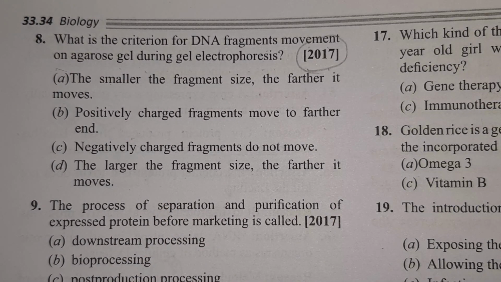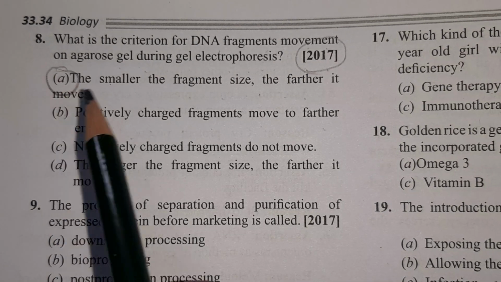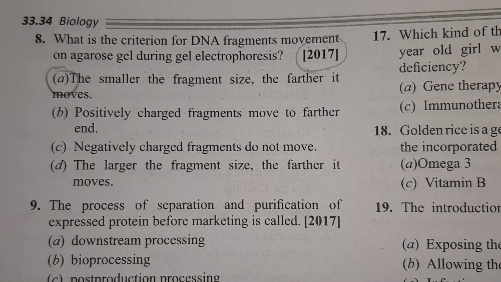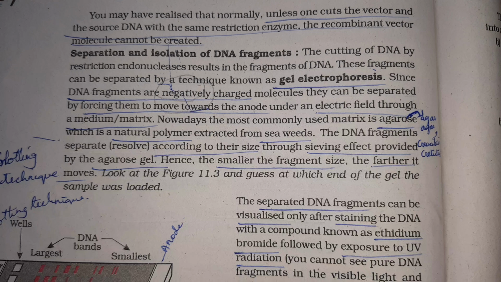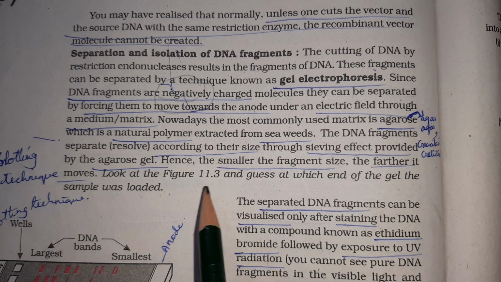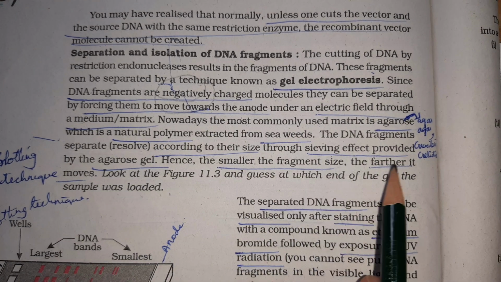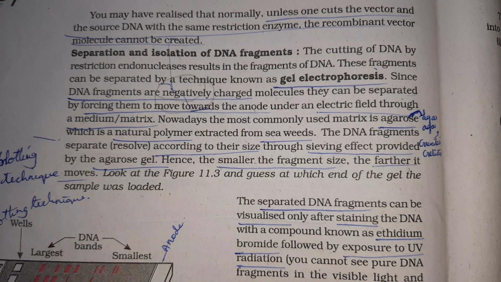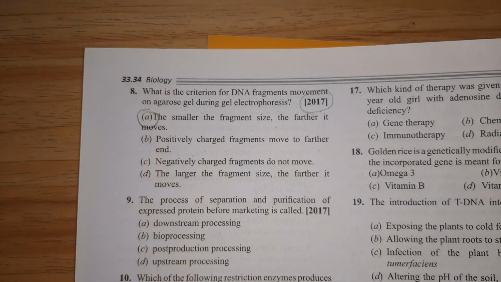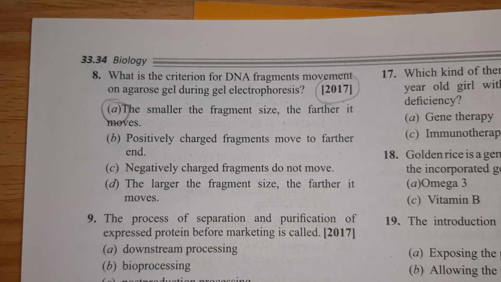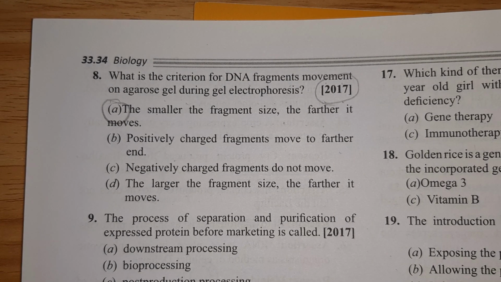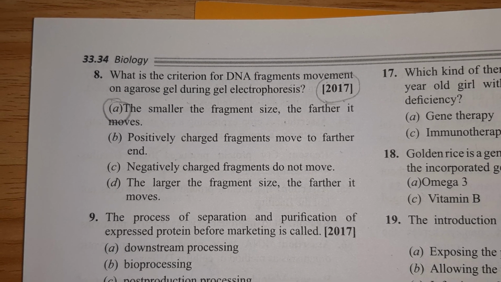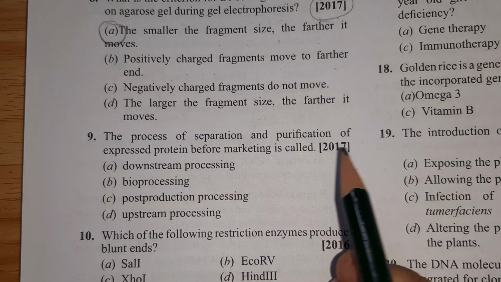The answer is A. The smaller the fragment size, the farther it moves. This is present on page number 198. So, from this, it is obvious that the answer of our question is the smaller the fragment size, the farther it moves.